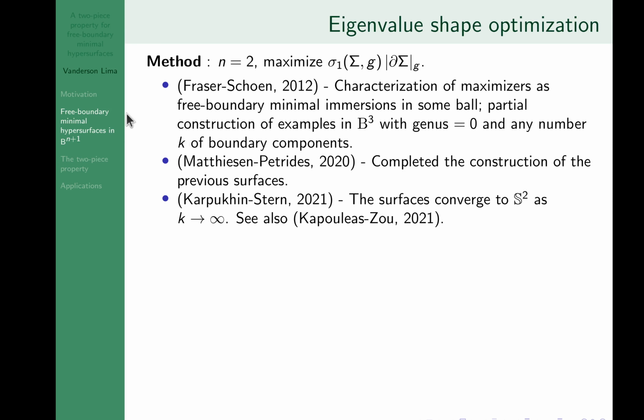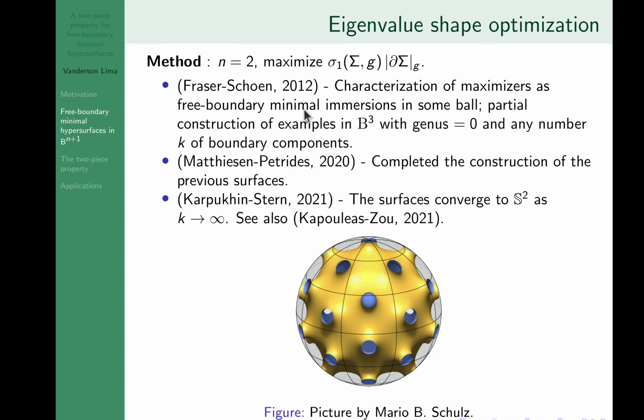Also, Kapouleas and Zhou construct some examples of free boundary minimal surfaces in the ball accumulating on the sphere, but it's not clear if these are the same surfaces. So a sketch of a picture of this surface would be something like that. As the number of boundary components increases, these boundary components are becoming in some sense small, and the yellow part becomes closer and closer to the sphere.